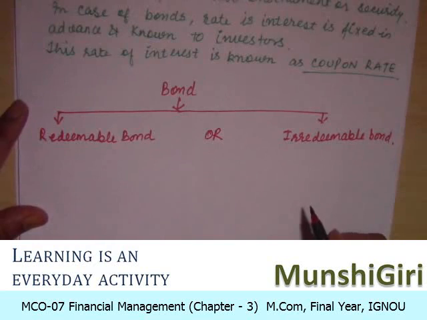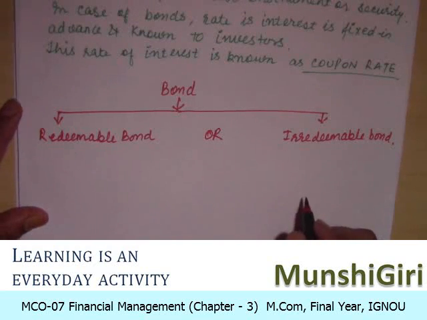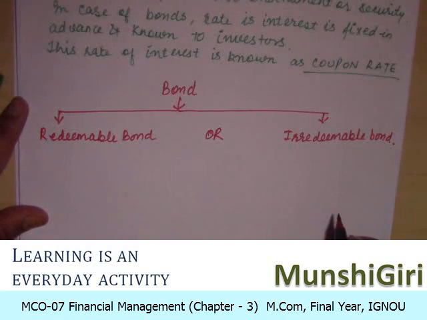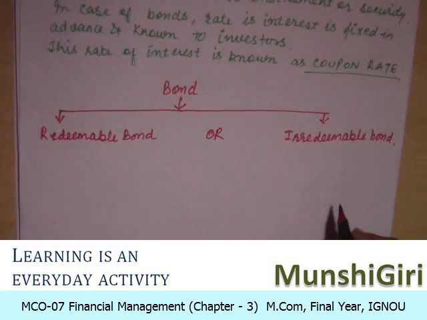Now, redeemable bond is one whose life is fixed and it will be redeemed after a fixed period of maturity, which ranges from 5 years to 20 years.